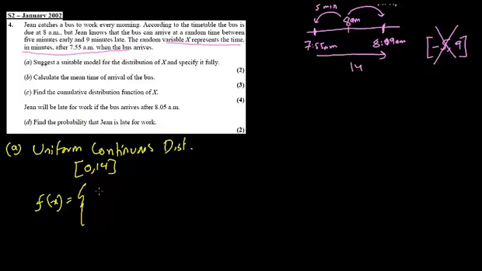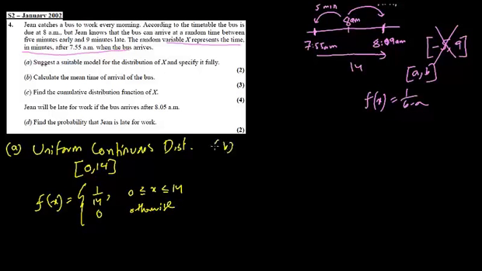If the interval is A to B, then the PDF is 1 by B minus A. That means it would be 1 by 14 minus 0, for x from 0 to 14, and 0 otherwise.